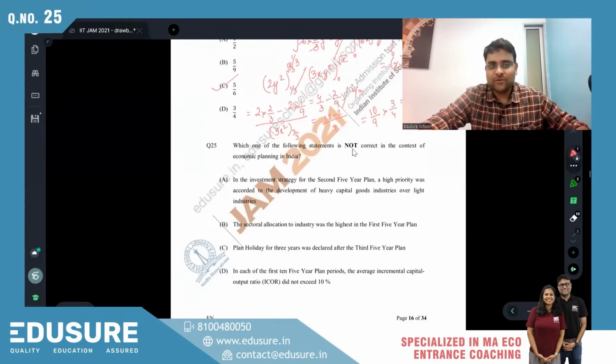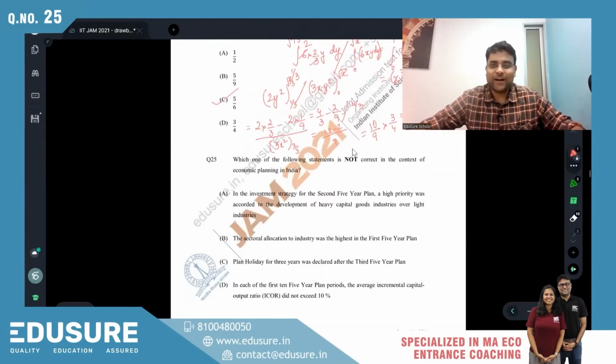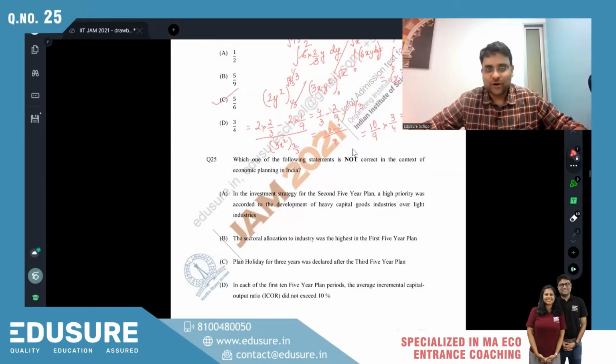IIT JAM 2021 question number 25. Which of the following is not correct in the context of economic planning in India? Please understand, the first 5-year plan concentrated on agriculture. The second 5-year plan concentrated on industry.